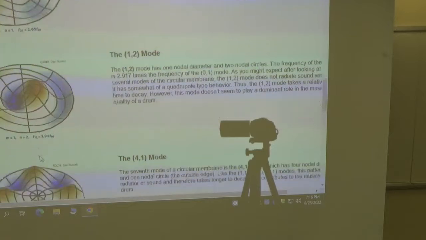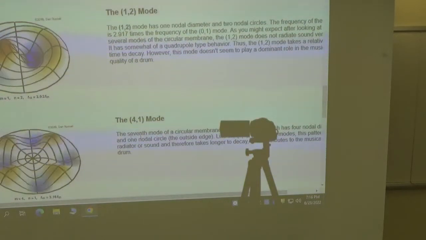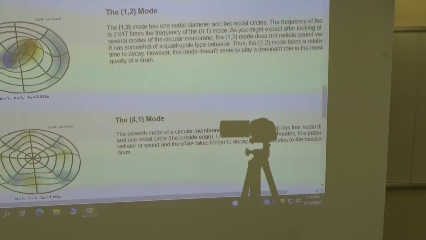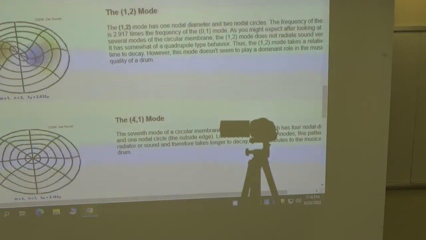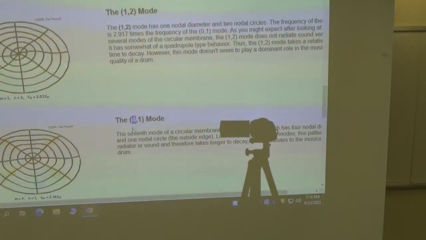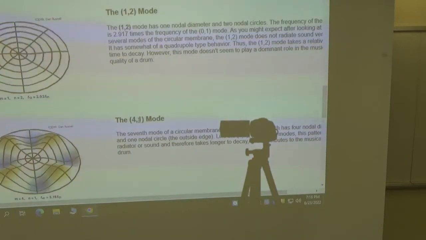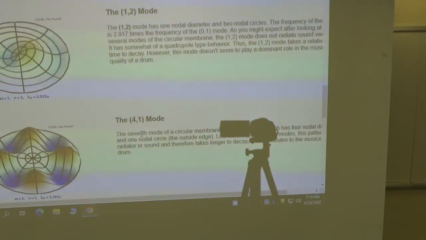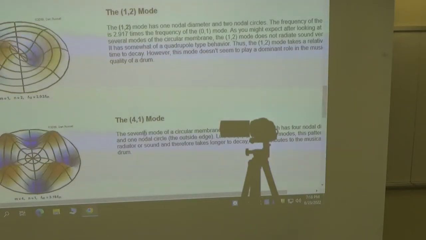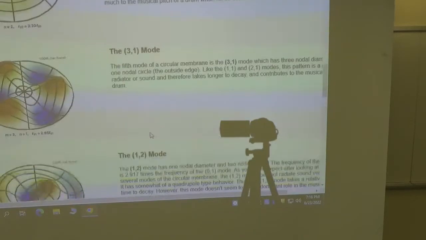This one, 1-2 mode. And you kind of know what it means. 4-1 mode means it's J4, the Bessel function of order 4, and 1 is the circular part, the cosine theta one.